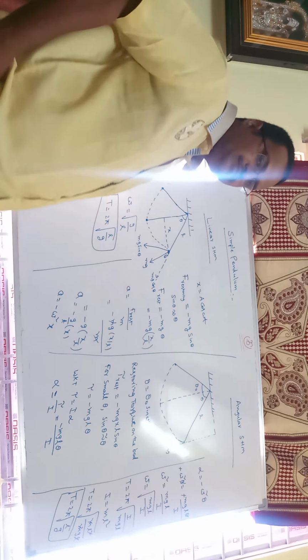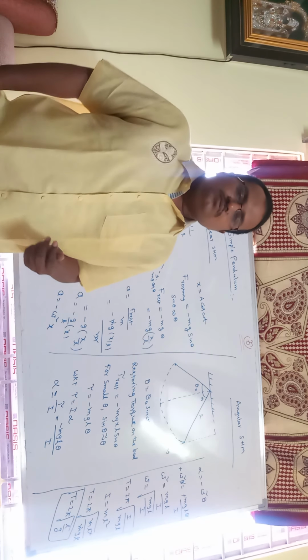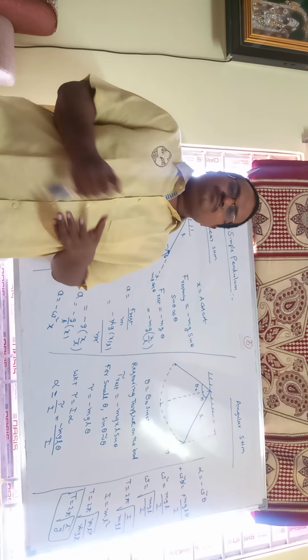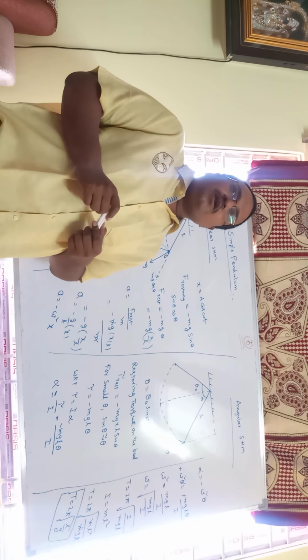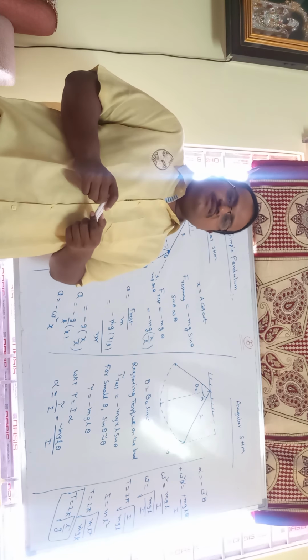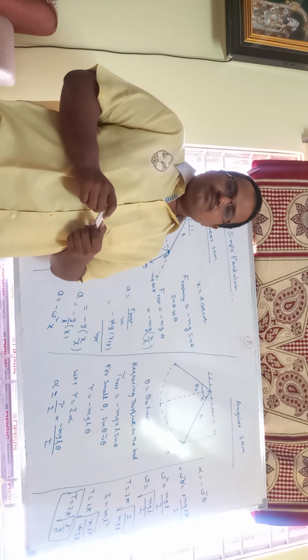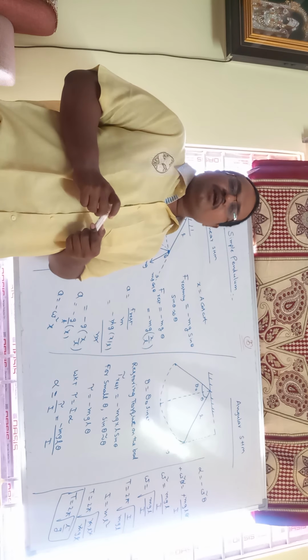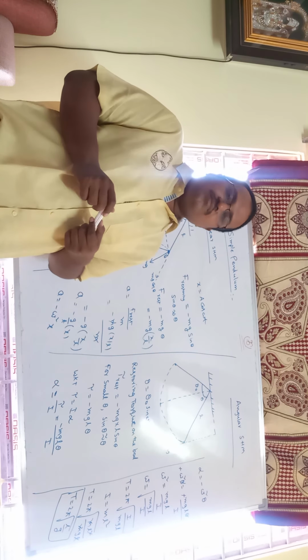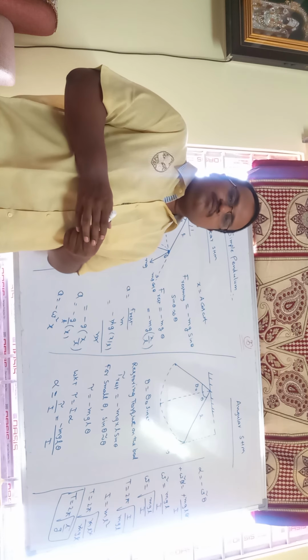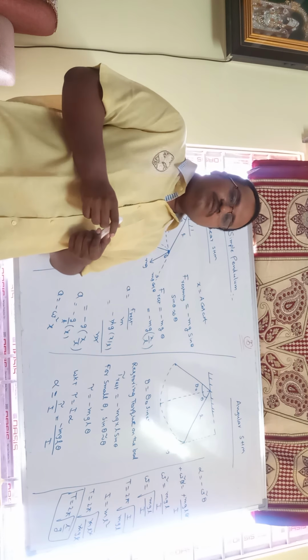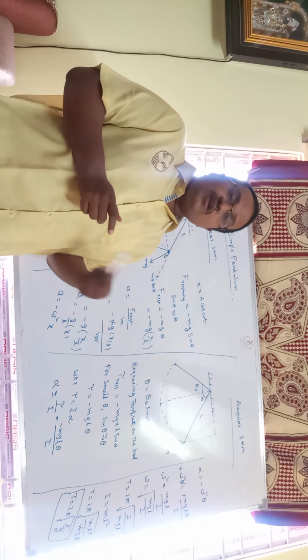Now we can go to the simple pendulum. What is a simple pendulum? A simple pendulum is nothing but a metallic or spherical bob fixed to one end of a long thread.